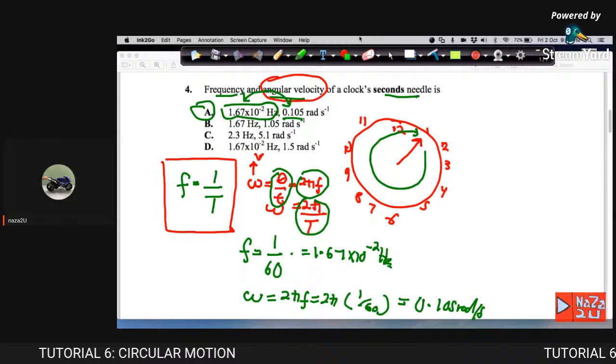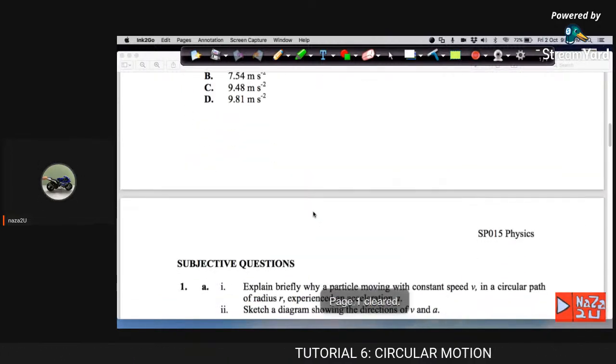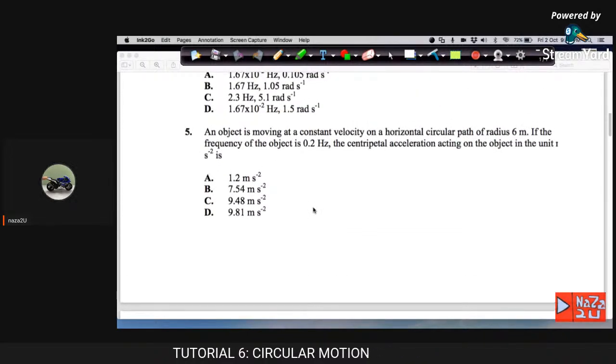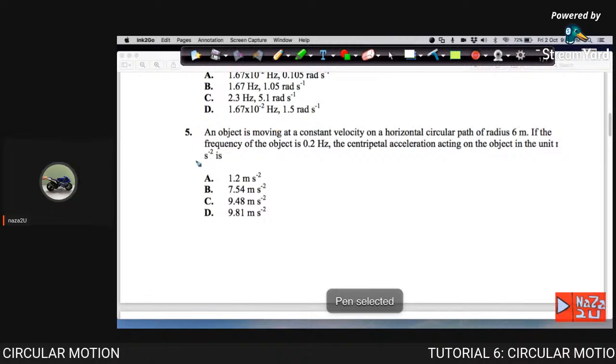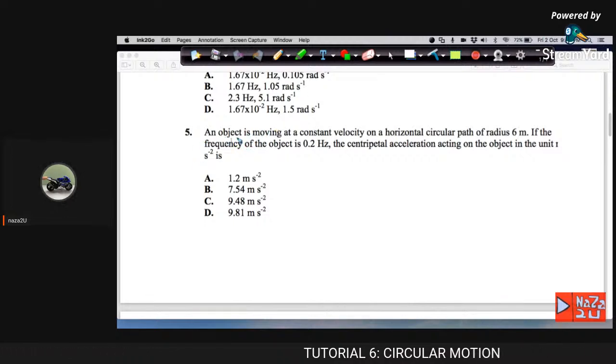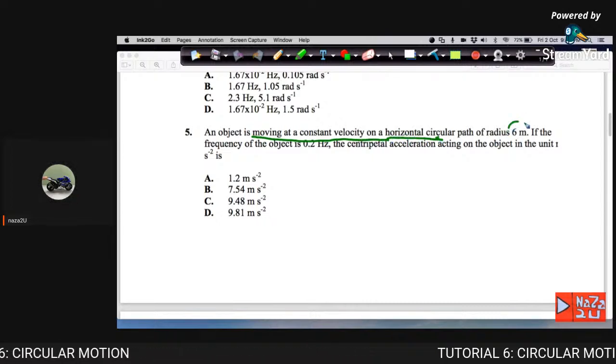Right, class. Continue to number 5, the last question for the objective questions. So what is question number 5? Assume an object is moving at constant velocity on a horizontal circular path with radius 6 meters.